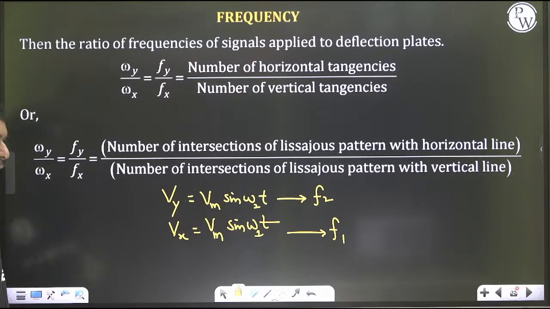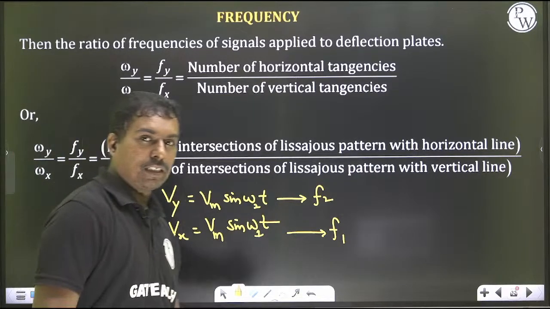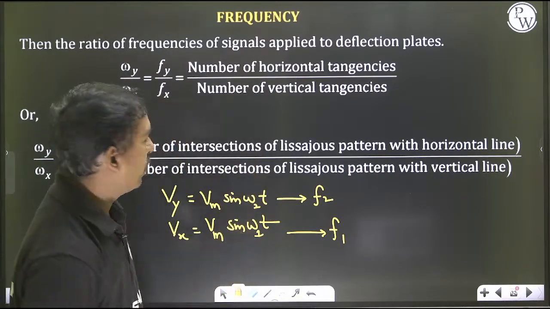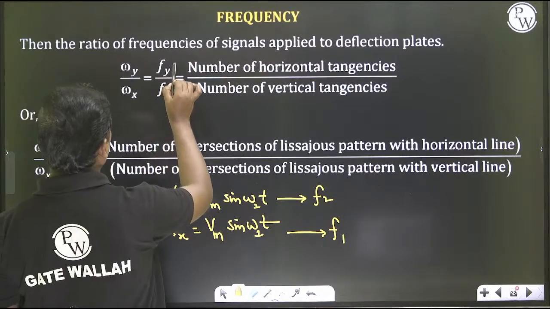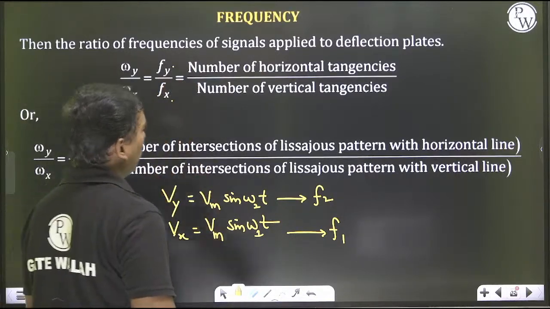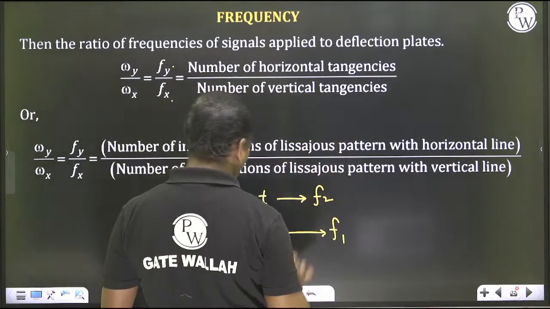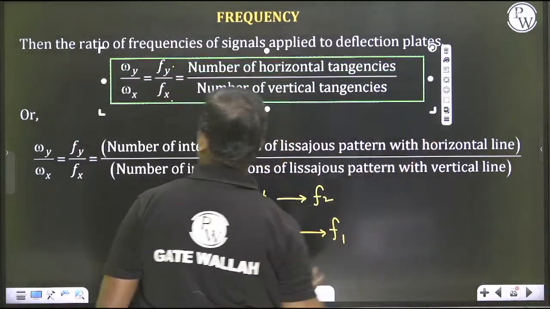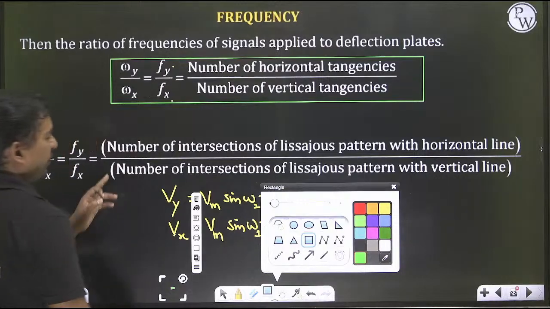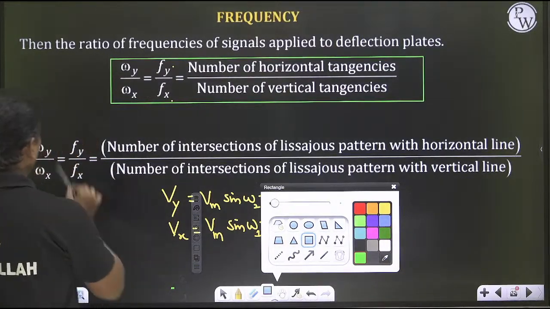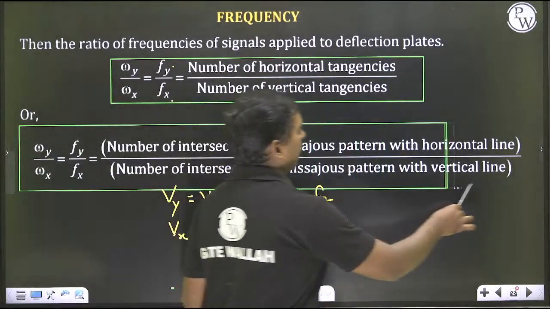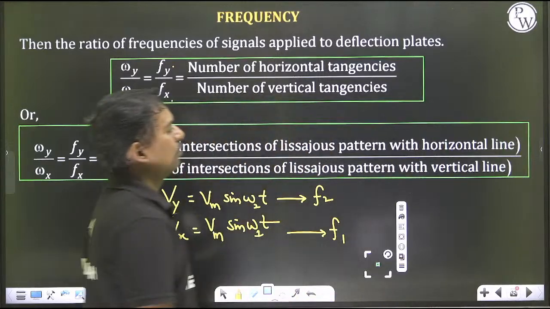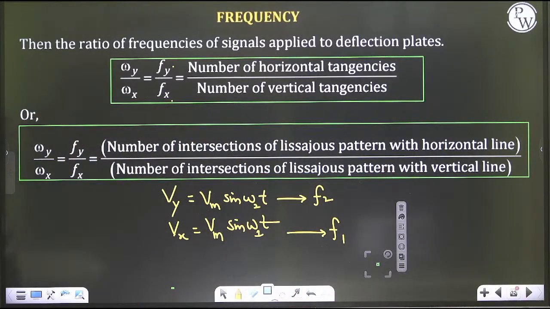Then you are going to get a pattern, and for that pattern we apply horizontal tangencies and vertical tangencies. The frequency applied to the y-axis to the frequency applied to the x-axis is given by the number of horizontal tangencies to the number of vertical tangencies. Or you can take the number of intersections of the Lissajous pattern with a horizontal line to the number of intersections with a vertical line. Please make a note of this.